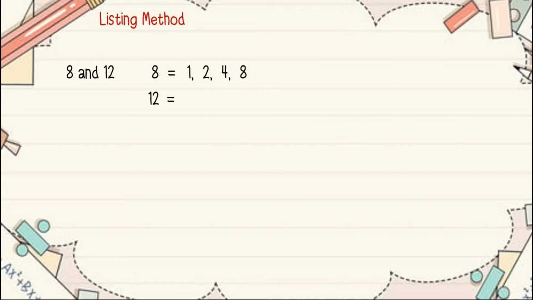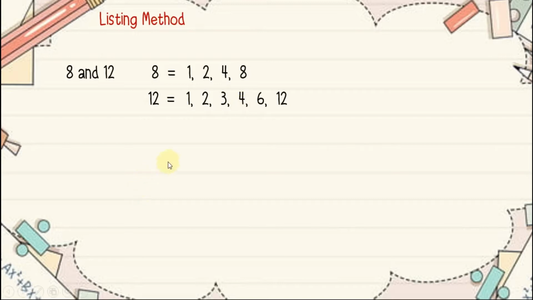Another number is 12. Finding its factors, we're going to have 1, 2, 3, 4, 6, and 12. 1 times 12, 2 times 6, and 3 times 4 are all equal to 12.